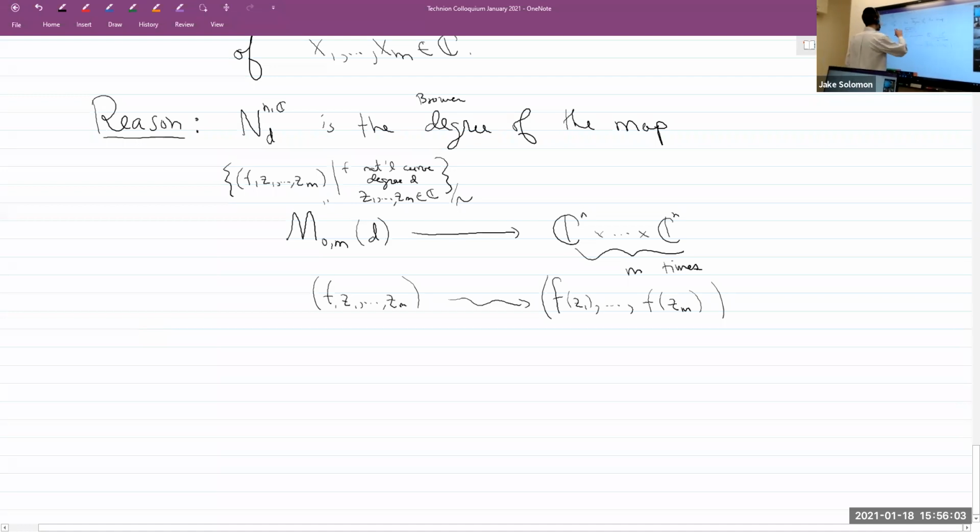These two manifolds have the same dimension because m equals m of n,d. That's exactly what that formula m of n,d was, just to ensure that these things have the same dimension.